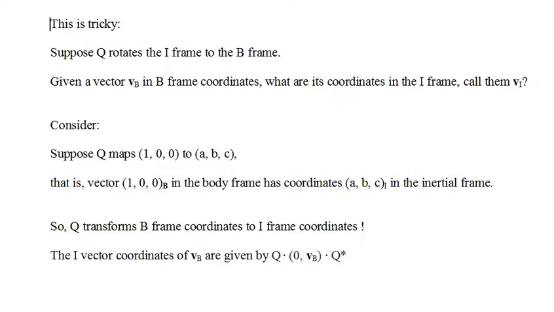Then the vector a, b, c in the I frame corresponds to the vector 1, 0, 0 in the B frame. Well, Q maps 1, 0, 0 to a, b, c. So apparently, Q maps B frame coordinates to I frame coordinates. This still surprises me.